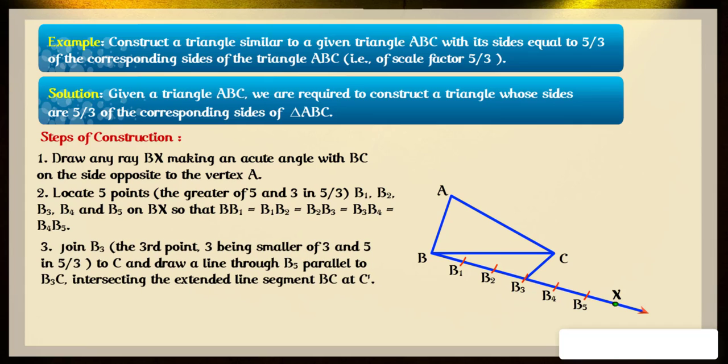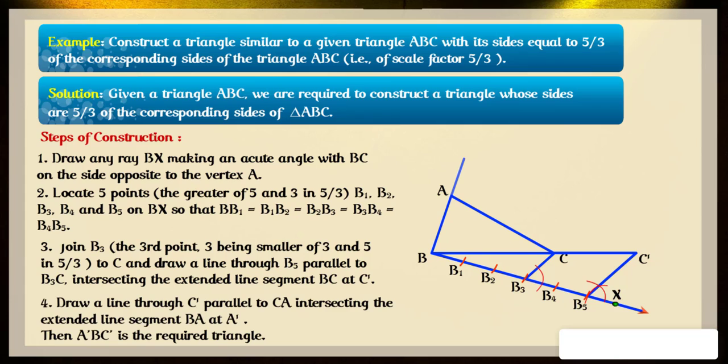Join B3, the third point, 3 being smaller of 3 and 5 in 5 by 3, to C, and draw a line through B5 parallel to B3C, intersecting the extended line segment BC at C dash. 4.